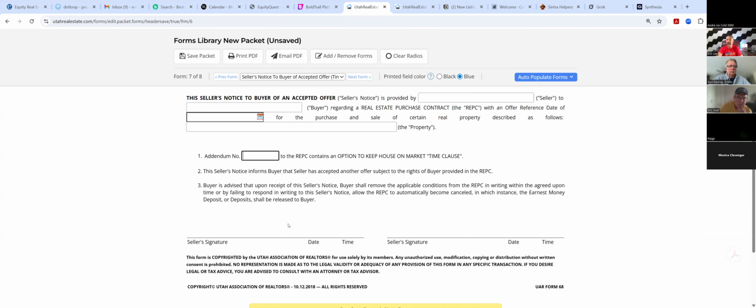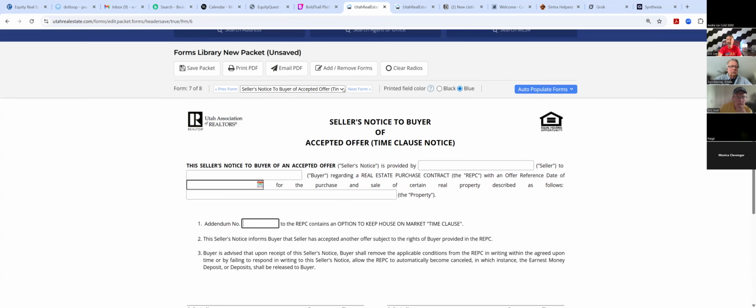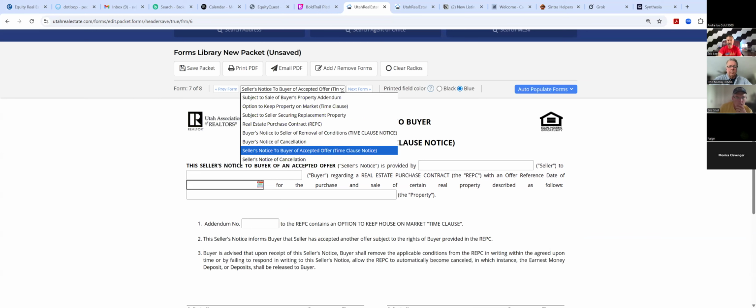And buyer is advised that upon receipt of this notice, buyer shall remove the applicable conditions from the purchase contract in writing within the agreed upon time, or by failing to respond in writing to this notice, they allow the purchase contract to automatically become canceled, in which instance the earnest money is released to the buyer. Okay, so the seller sends this notice saying, hey, we have a backup offer in place.